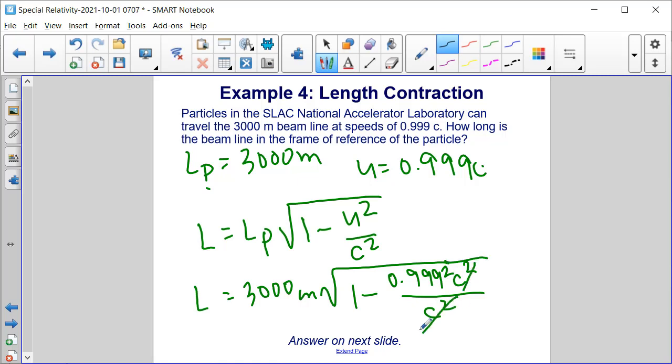So I can get rid of these, and then I've just got to do some calculation here. 1 minus 0.999 squared is 0.001999, and then the square root of that is 0.0447.